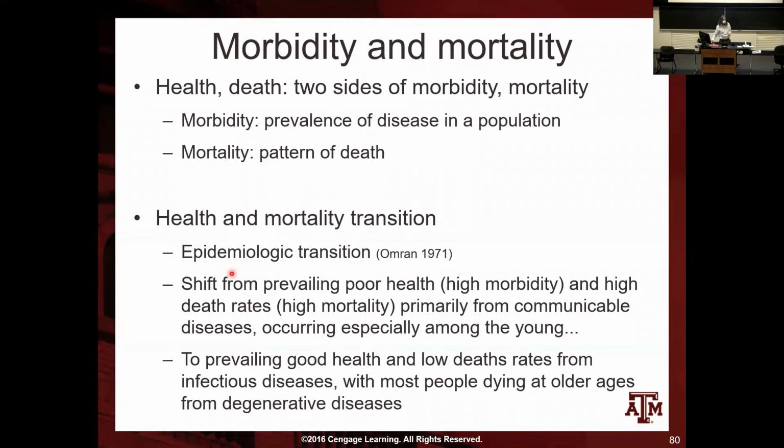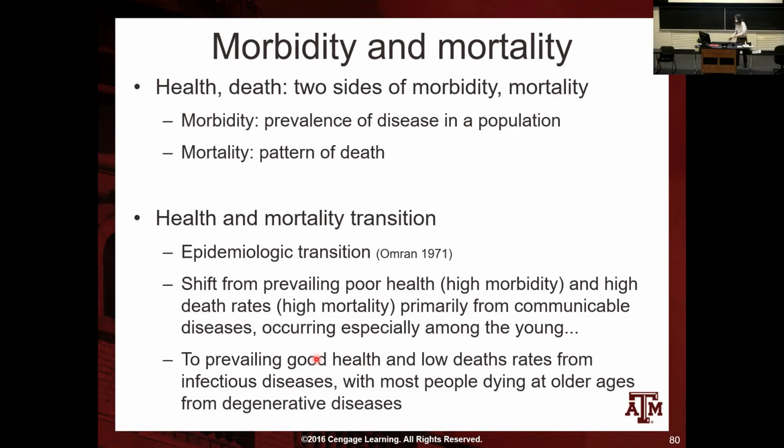And this transition is called an epidemiological transition, as elaborated by Omran, in which there is a shift from prevailing poor health, in other words, really high morbidity, a lot of people sick, and high death rates, high mortality, that were caused primarily from communicable diseases, happening a lot to young people, or to babies. So infant mortality rate was really high. The chance of babies dying before reaching age 1 was really high.